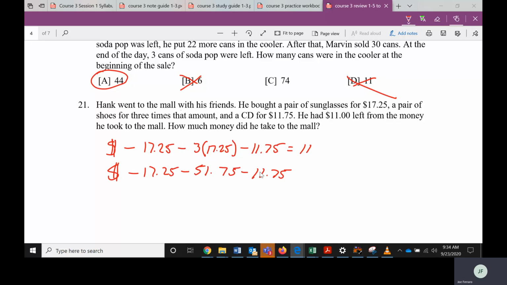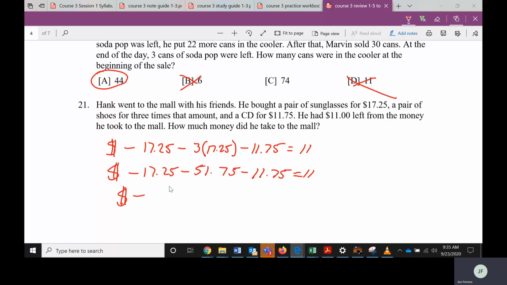So let's figure out how much he subtracted in all. It might sound a little weird, but I'm going to say let's add these 3 things together to figure out how much total he spent, and that's how much we're subtracting. So we're actually simplifying this by subtracting 3 things, but in the easier way in real life, you think of, let's add everything I'm spending and then subtract it.